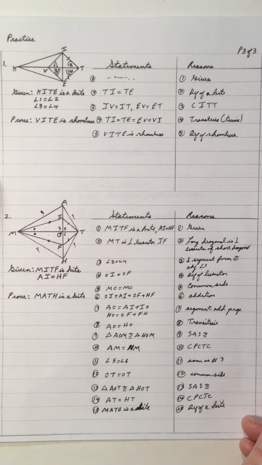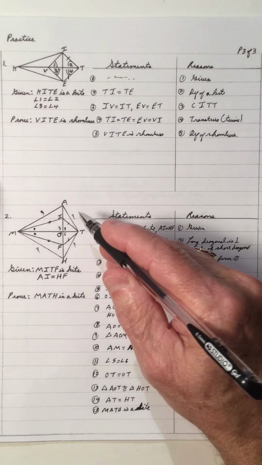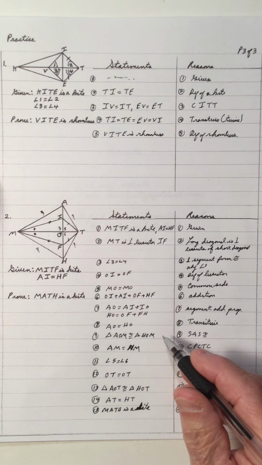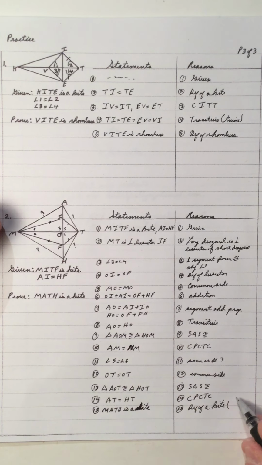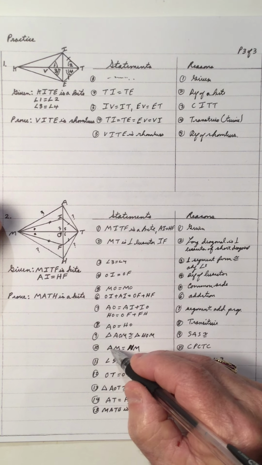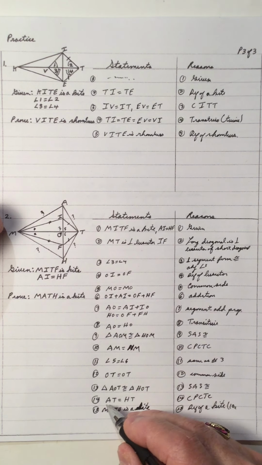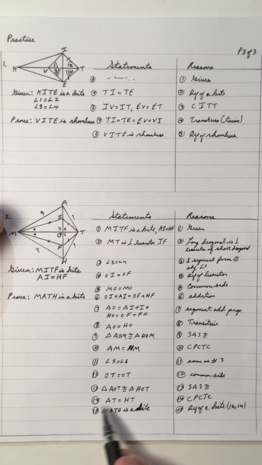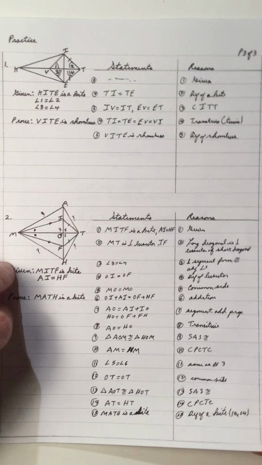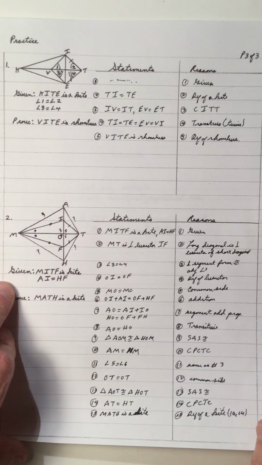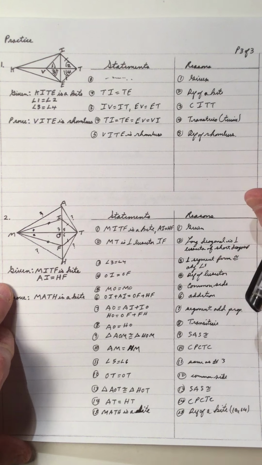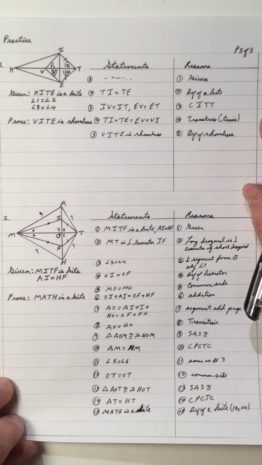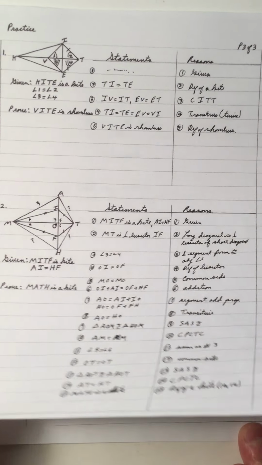A kite is a quadrilateral with two pairs of adjacent sides equal, and there are no parallel lines. So that's a kite because of, where's number 10? Right here, AM equals HM, and number 14. 10 and 14 have the adjacent sides equal. So that's some proofs on the quadrilateral kite, which has two pairs of adjacent sides equal and no parallel lines. So that brings us to the end.